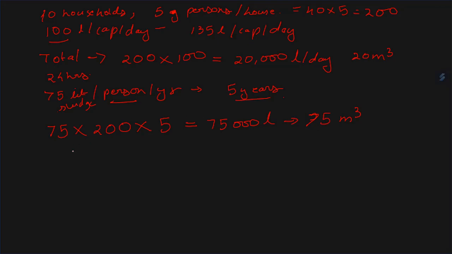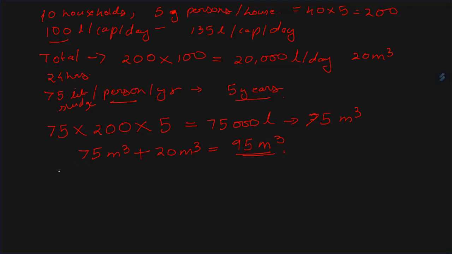So the total volume which we need to design is 75 meter cube for sludge holding, and 20 meter cube for the sewage flow, that is the liquid inflow. So it is nothing but 95 meter cube. That is the design.